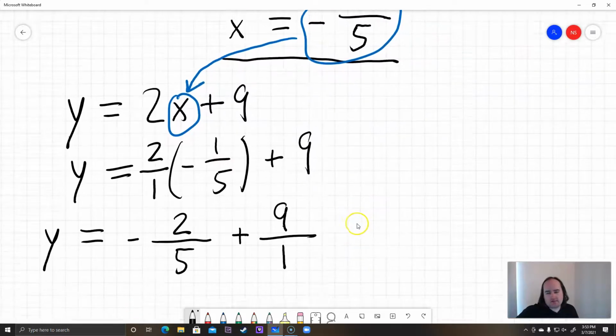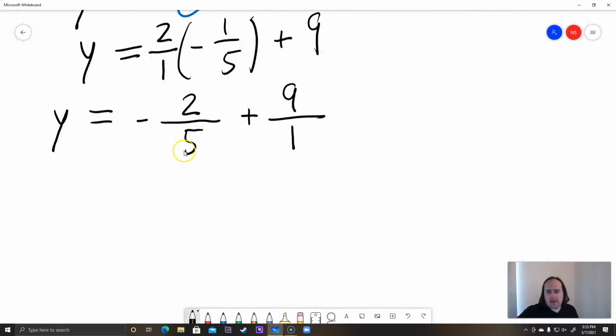Okay, so what do we have to do to finish solving for y here? We can't just leave it like this. Well, remember, when you have fractions that have different denominators, you have to build them so that they get the same denominator. So here, I have a 5, and there I have a 1. So what do I need to multiply this one by so that I have the same denominator? Well, obviously a 5, right?